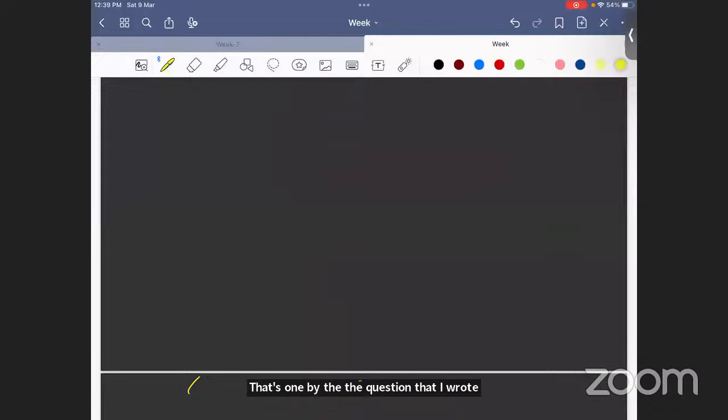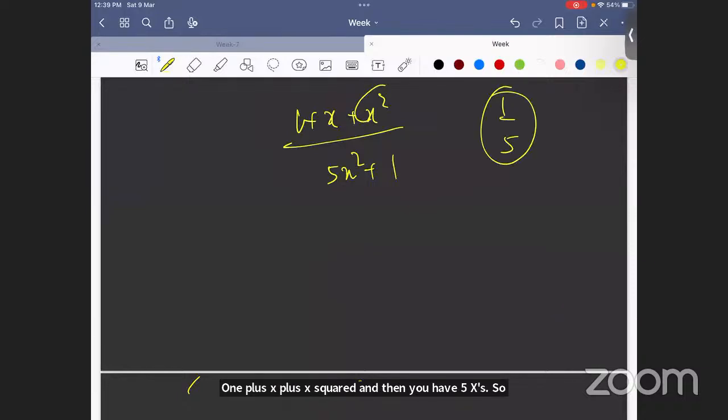Okay. But mostly whenever you have this type of problem where you are getting infinite by infinite or 0 by 0, try to use L'Hopital's rule only. You'll be able to solve that. So 1 plus x square, and then you have 5x square plus 1. So here you can directly get 1 upon 5, the coefficient itself.